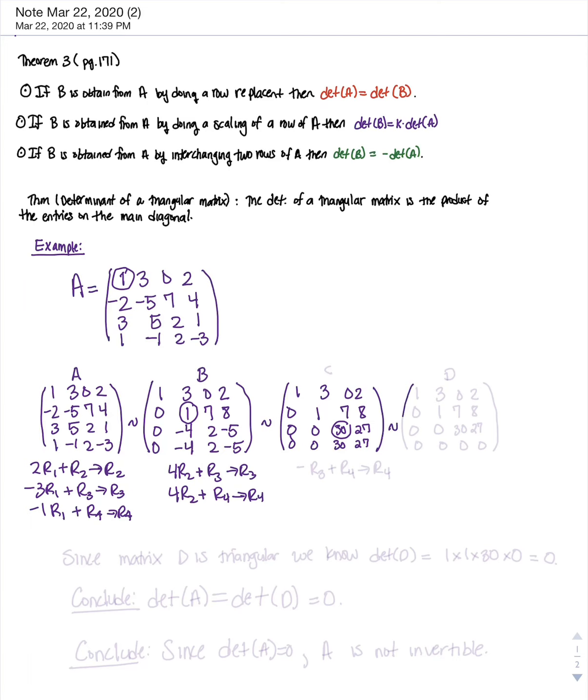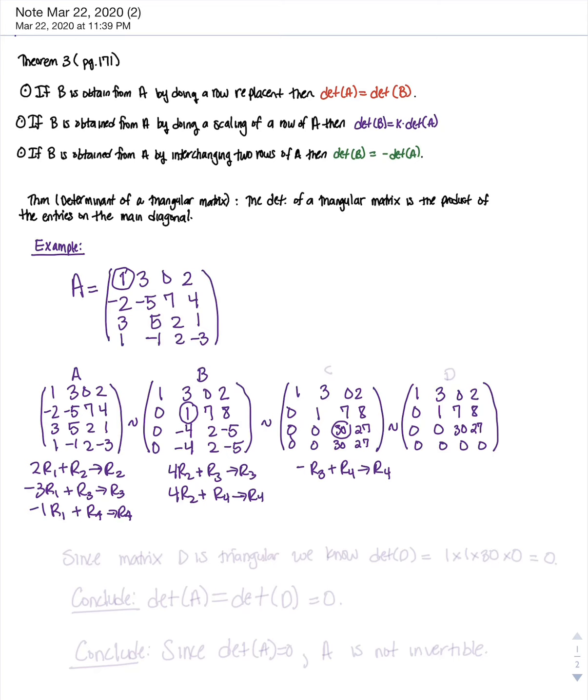Only using row replacements, this gives us the matrix 1, 3, 0, 2, 0, 1, 7, 8, 0, 0, 30, 27, and then a row of 0, 0, 0, 0. Just for your reference, that was negative row 3 plus row 4 to replace row 4.